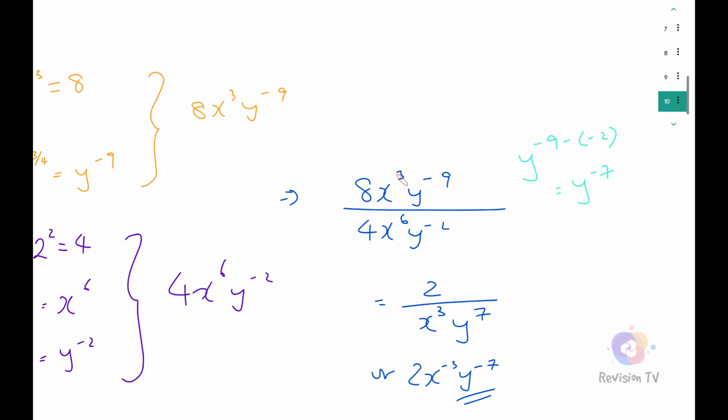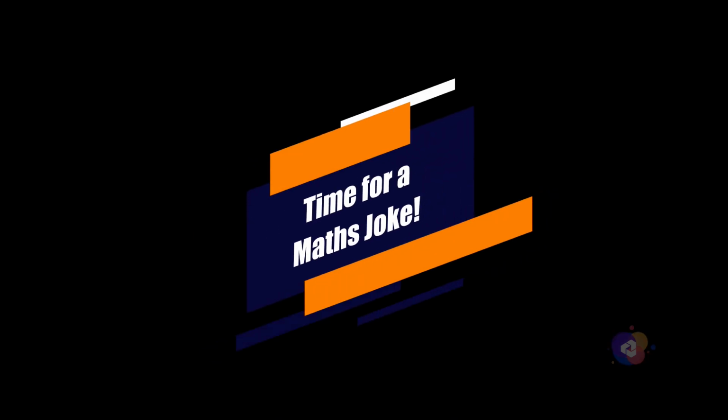Well, minus 9, we divide by minus 2, which means subtract minus 2. Minus minus makes a plus. Minus 9 plus 2 is minus 7. So therefore, power of minus 7 means you put it underneath in the denominator. So you can write it like this. Or, again, no negatives. If you don't want a fraction, you can put a negative power like this.